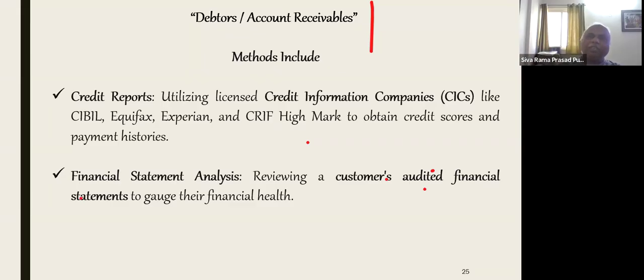But if XYZ company asks for 10 crores of goods on credit, immediately the company providing the credit will verify the credit information from CIBIL, Equifax, Experian or CRIF Highmark about the company's commercial credit, not individual.